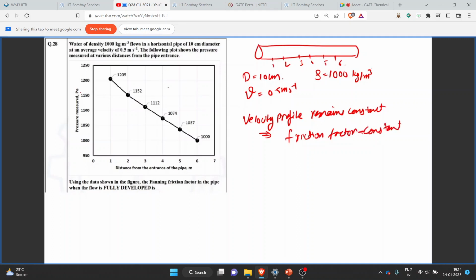So we will find the friction factor in each of these sections, that is 1 to 2, 2 to 3, 3 to 4, 4 to 5, 5 to 6. And when the friction factor in any two sections becomes constant, that is, it will be the same, that implies that the flow is fully developed. And for that section, whatever friction factor we got, that will be our final fanning friction factor, or the final answer.